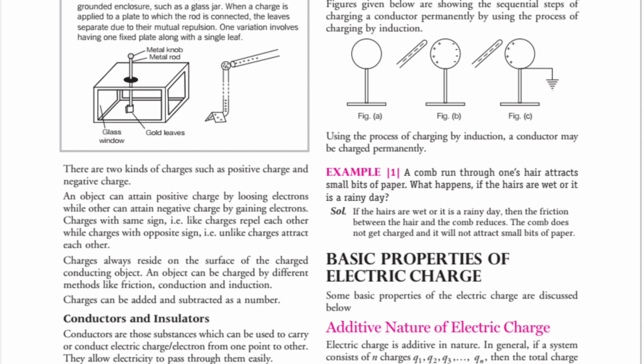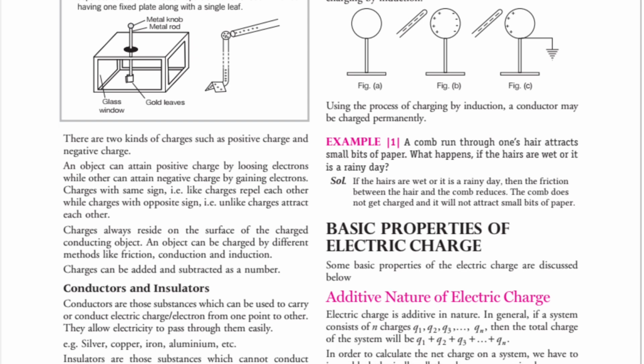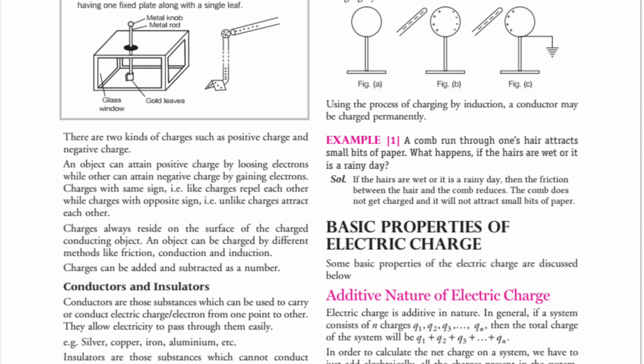Charges with the same sign, that is like charges, repel each other, while charges with opposite sign, that is unlike charges, attract each other. Positive and negative charges attract each other, and if we have the same sign, the charges repel each other.